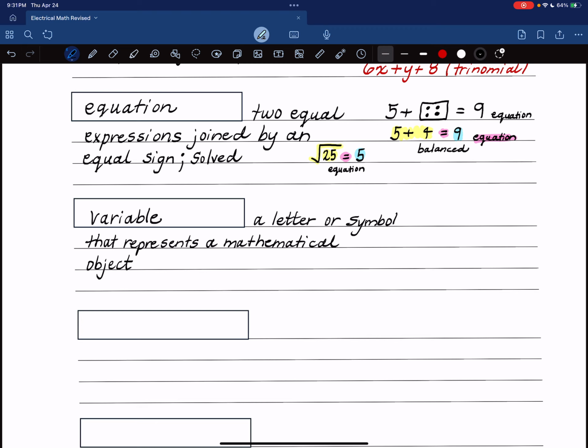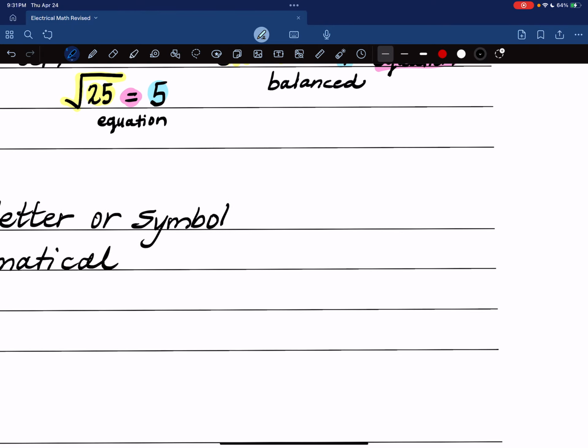And let me give you an example of why we call it a variable. What if I tell you that x plus 3 is 5? So using that very simplified way of explaining it, I could replace x with a box. 3, 4, 5. So in that case, the x is 2. That's what would balance the equation.